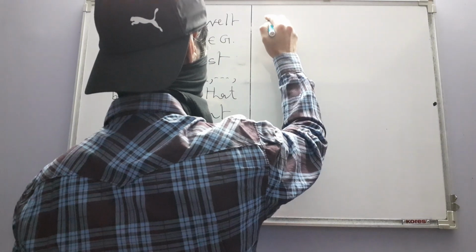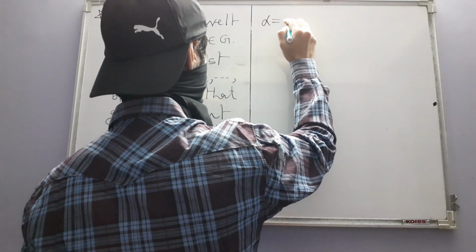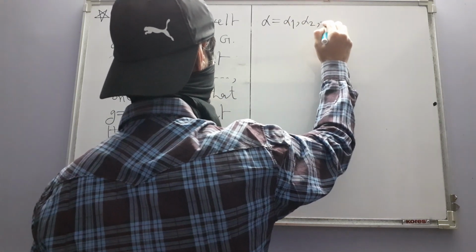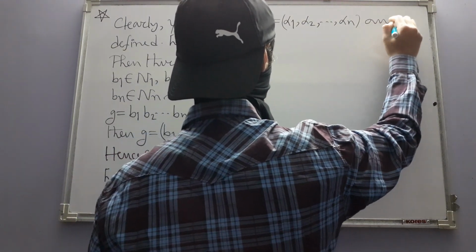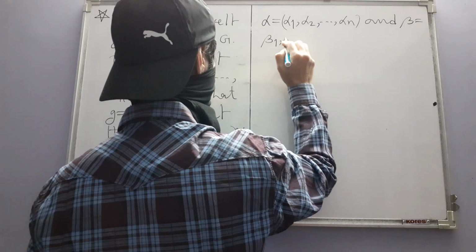Where say alpha is alpha 1, alpha 2, up to alpha n, and beta is this.